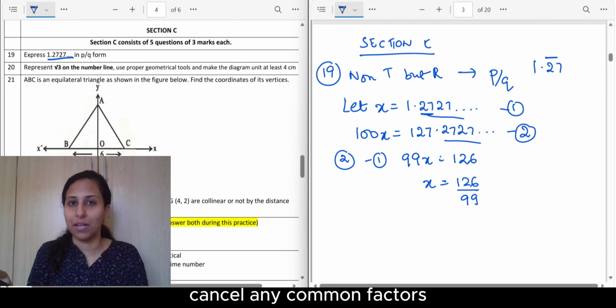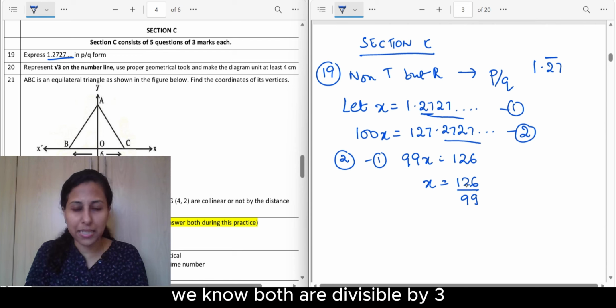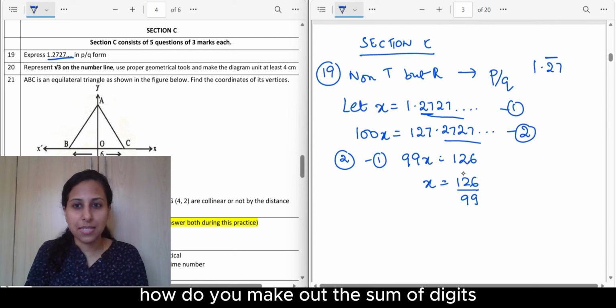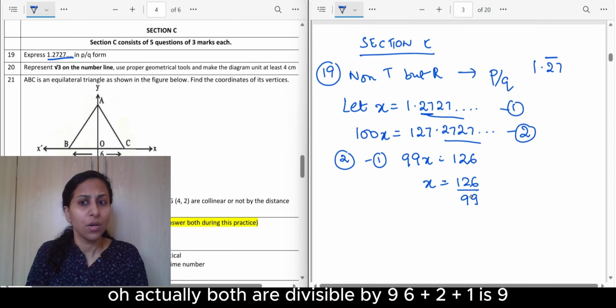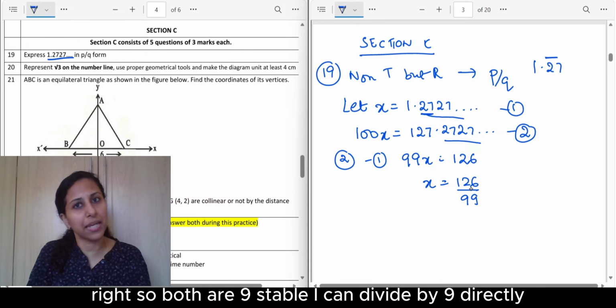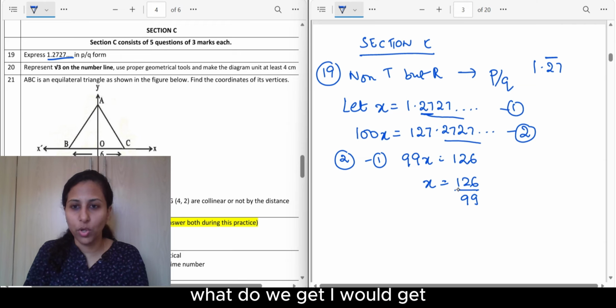Cancel any common factors. We know both are divisible by 3. How do you make out? The sum of digits over here is in the 3 table, 6 plus 2 plus 1. 99 also, the sum of digits is in the 3 table. Oh, actually both are divisible by 9. 6 plus 2 plus 1 is 9, right? So both are in the 9 table. I can divide by 9 directly. What do we get?